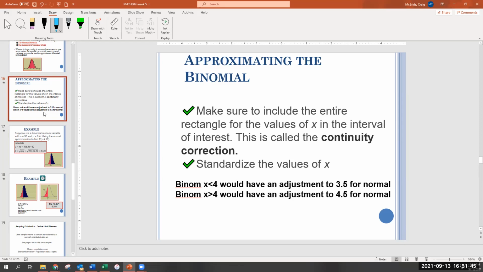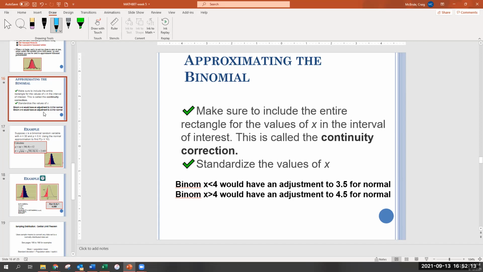The bar for 3 is centered on 3. Because now we're going below instead of above, we're looking at the upper edge, and the upper edge for the 3 bar ends at 3.5. So you add 0.5 or subtract 0.5. You go up by a half or down by a half.